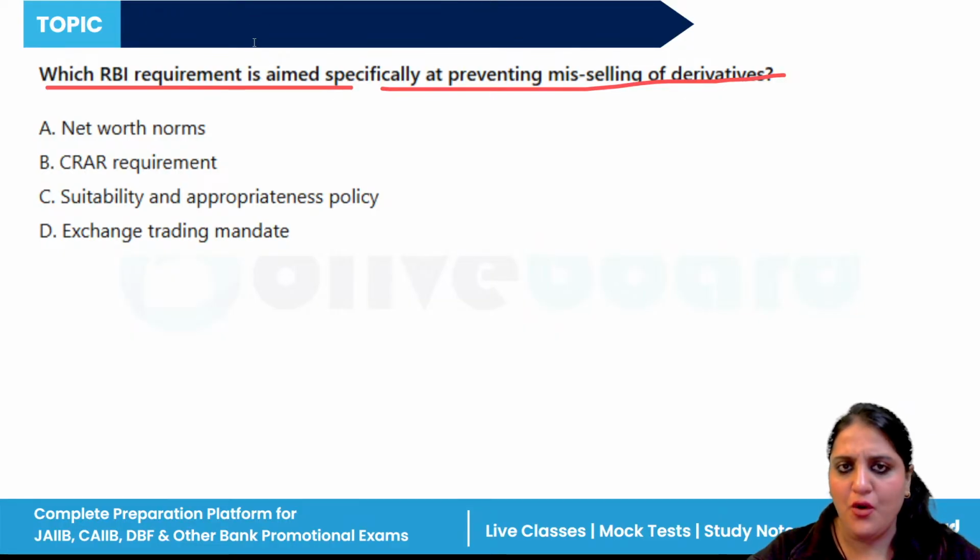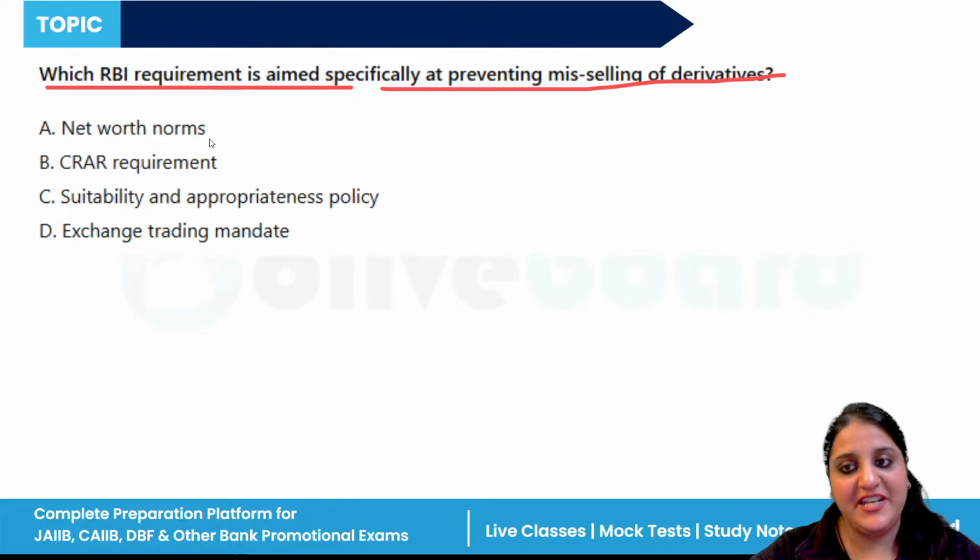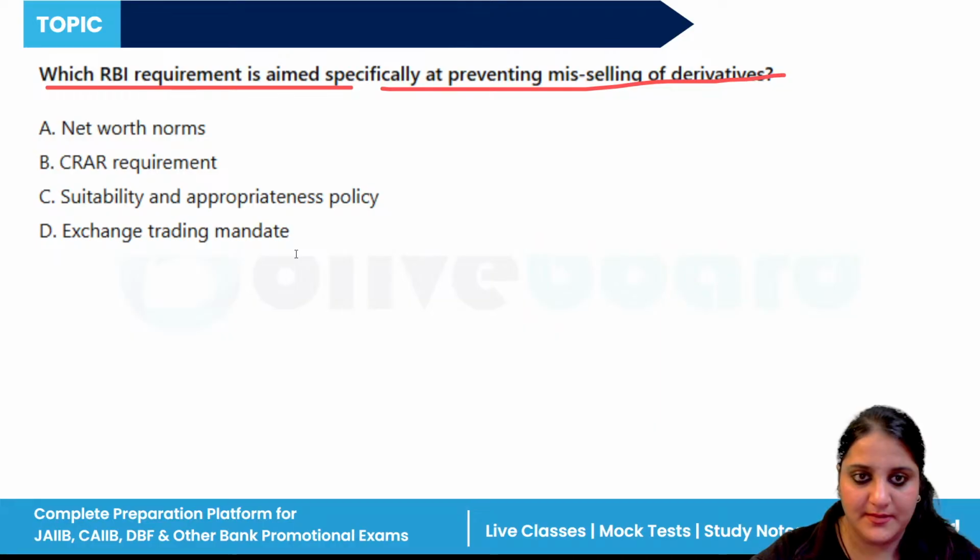Clear? Now I hope it is clear what is the meaning of derivatives. Derivatives, simply, are financial contracts between parties which derive their value from underlying assets like stocks, bonds, commodities, currencies or market indices.